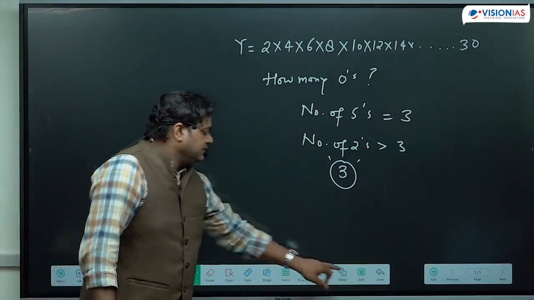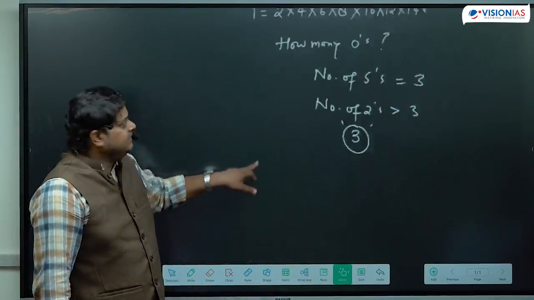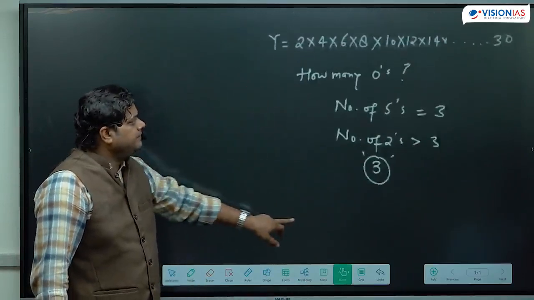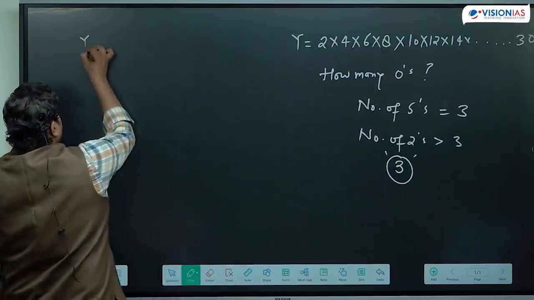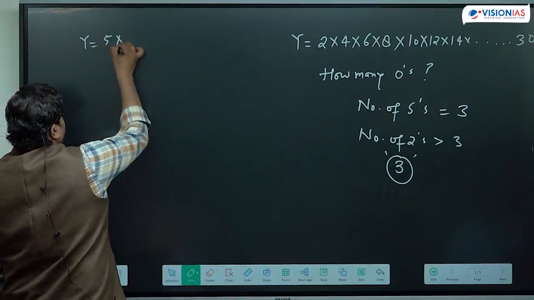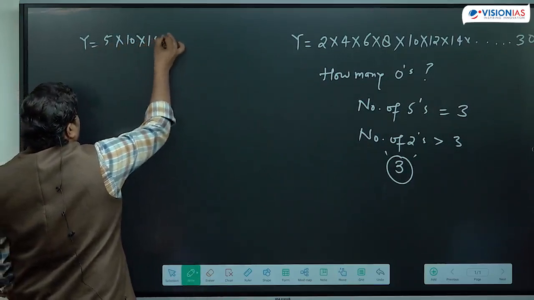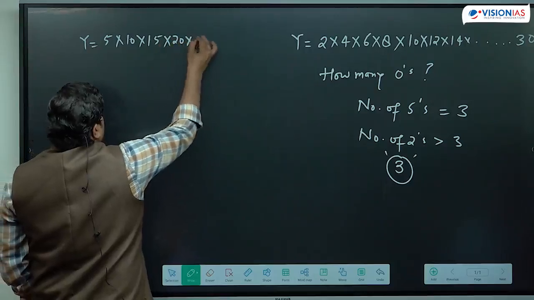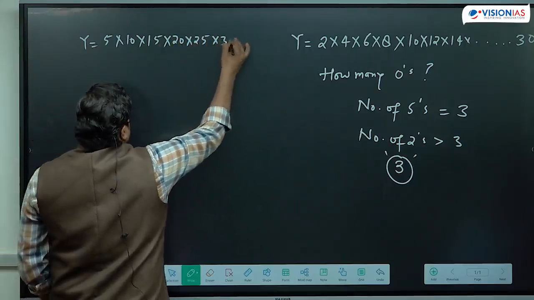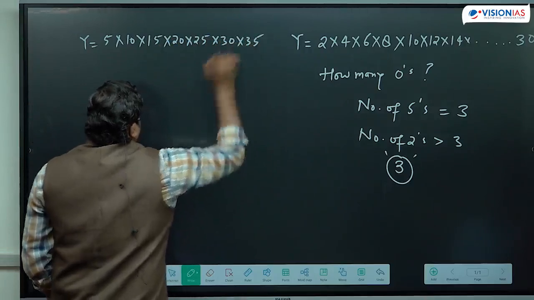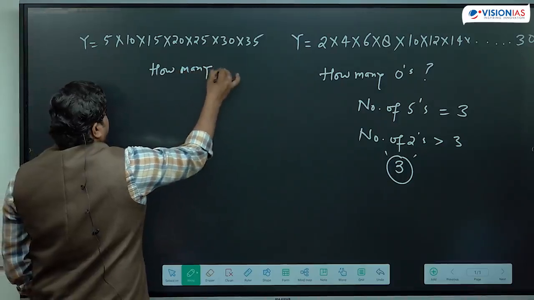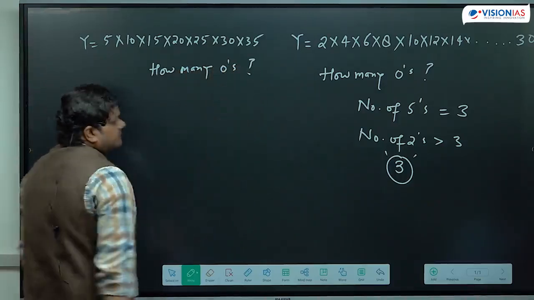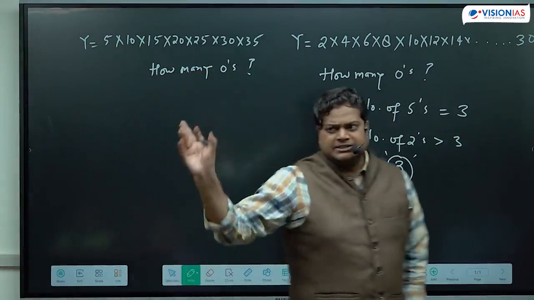Then the same way, if a series is given this way, 5, 10, 15, 20, 25, 30, 35. How many zeros are there at the end? UPSC previous year question, this way only.